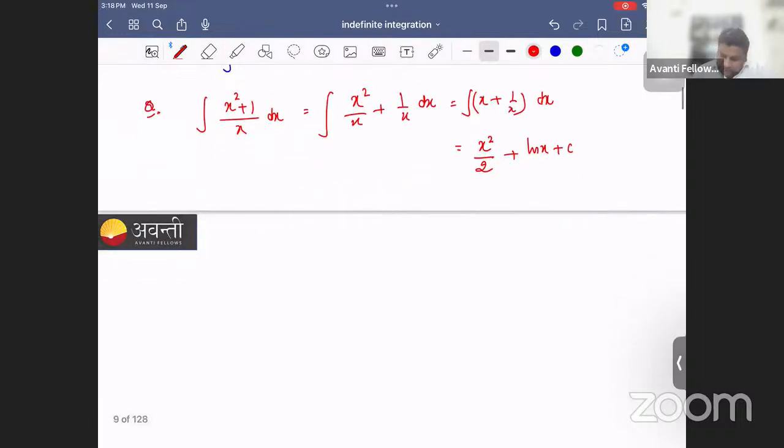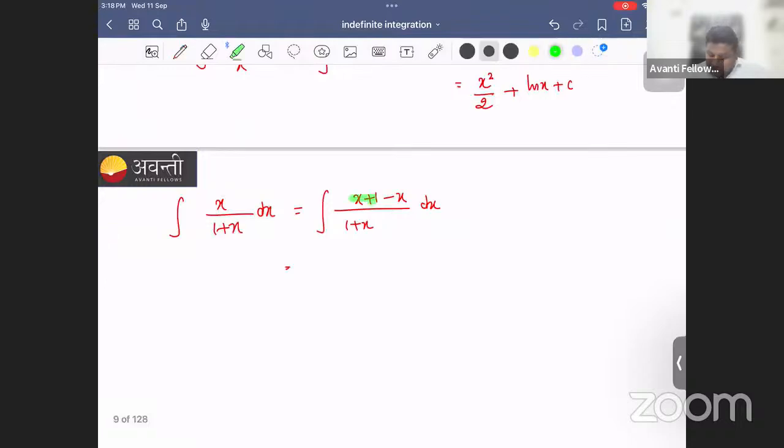Now, say you have the question x upon 1 plus x dx. So how do we do it? You add 1 and subtract 1. Now split the numerator: x plus 1 separate, and this 1 separate.